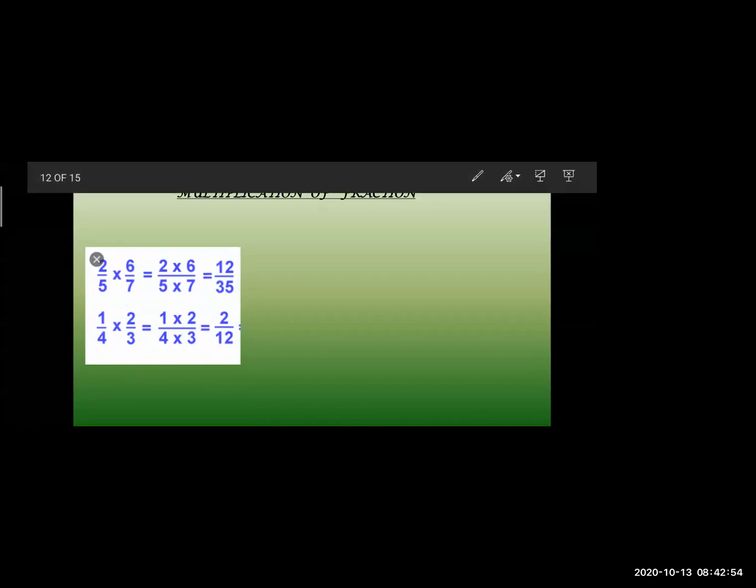See, we have one sum over here. The sum is 2 upon 5 multiplied by 6 upon 7. Okay. So 2 upon 5, do we have the same denominators over here?